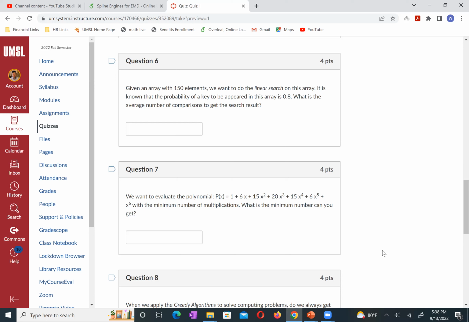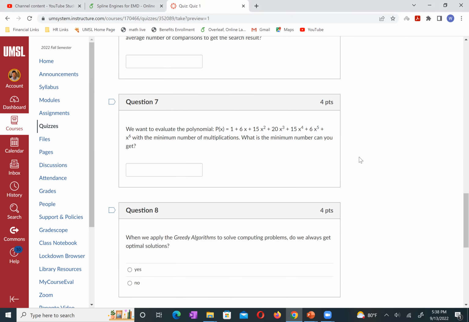That's question number 6. Question number 7, I give you the polynomial here. It is a 6-degree polynomial. When you see this polynomial, I hope you can connect it to a special discussion we did in class, Pascal's triangle.